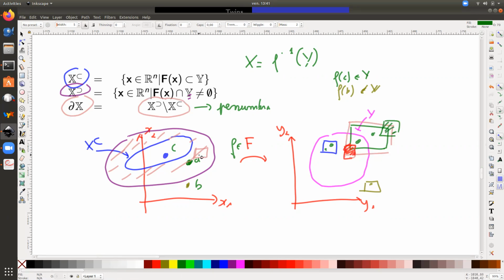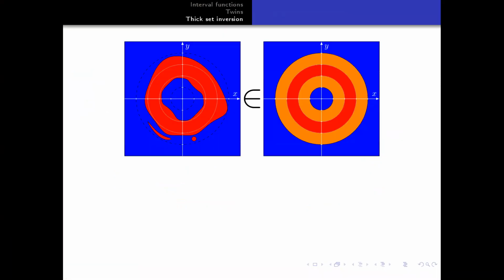And I know that for all possible points in here, I will intersect y. So thanks to the twin interval arithmetic, I will be able to find some inner box inside the penumbra.